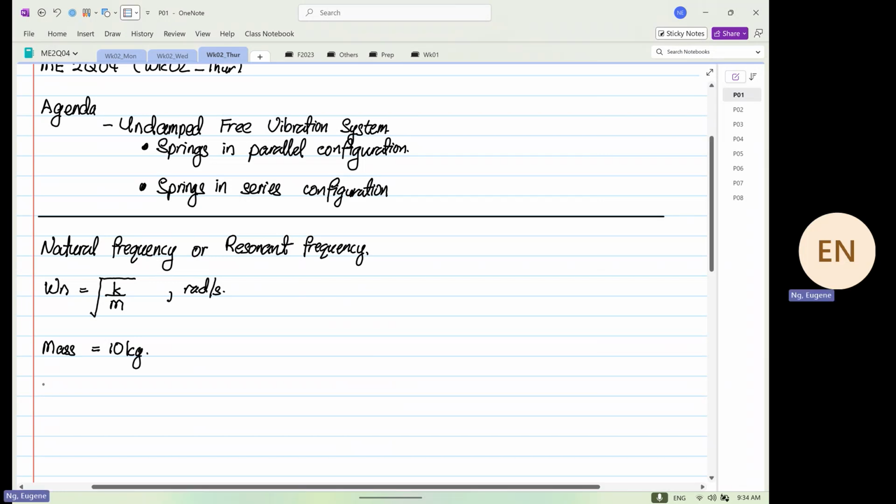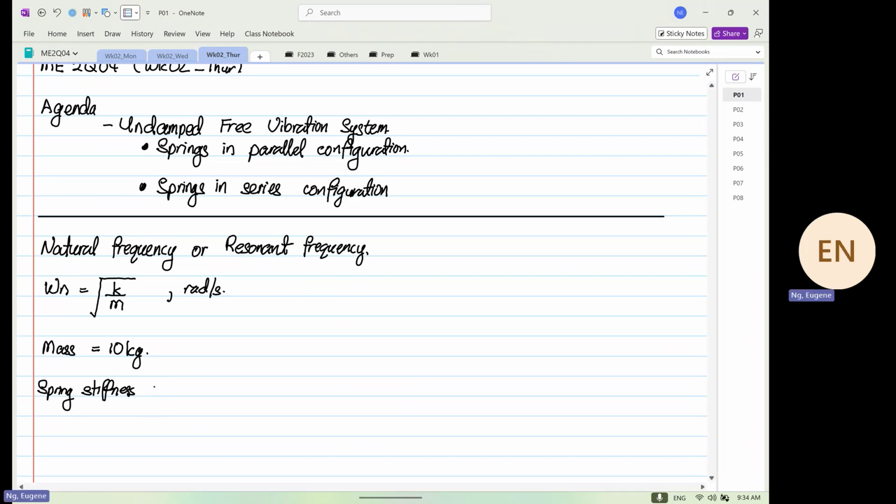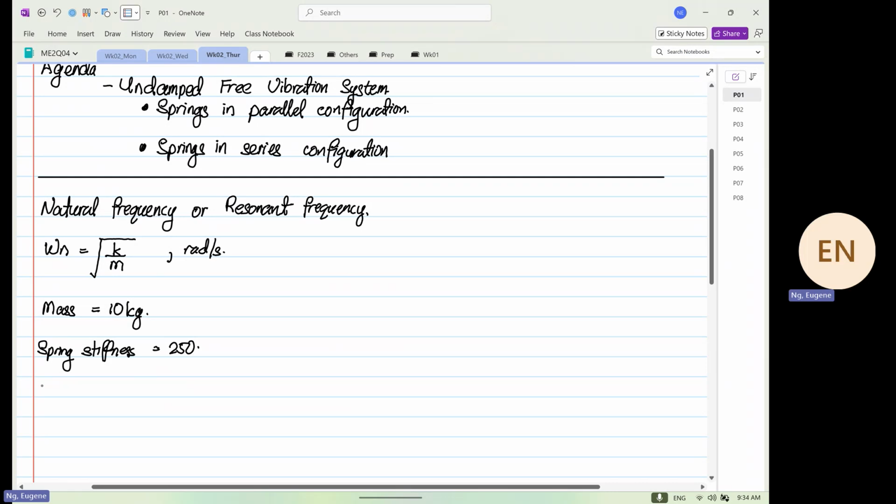And then we have a spring stiffness of 250, right? And then we calculated that omega n is equal to the square root of 250 over 10, and this is equal to 5 radians per second, okay?